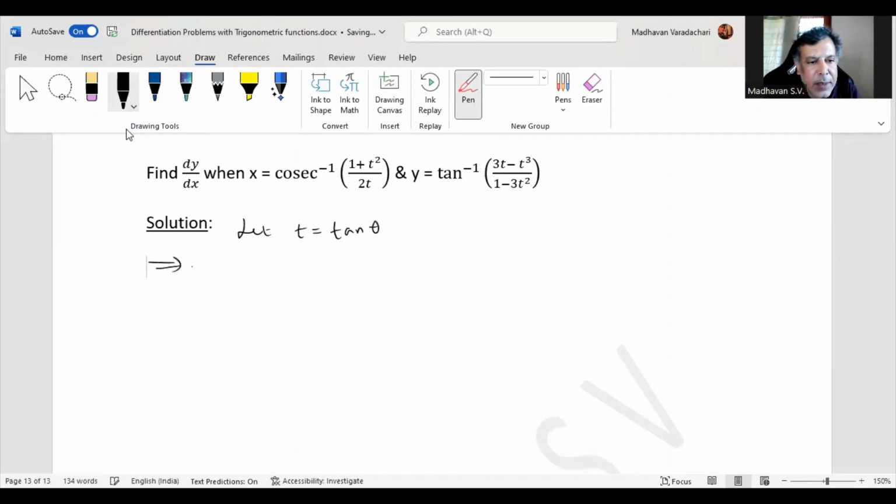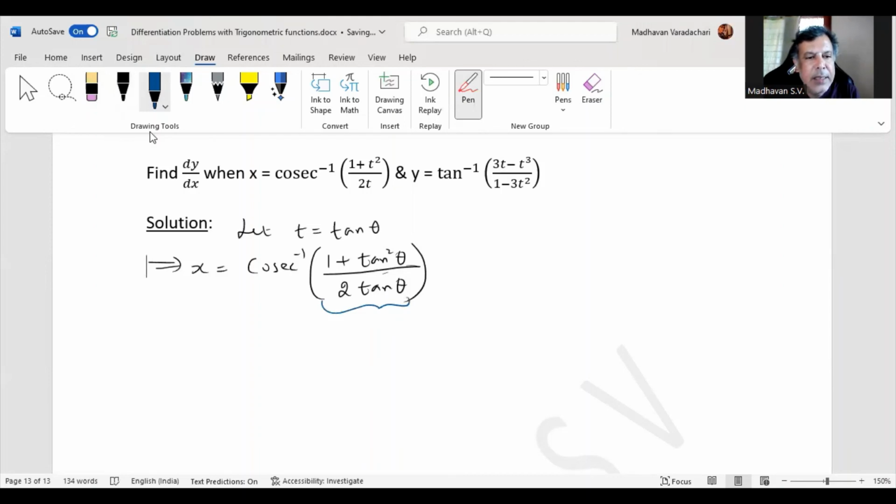That means our x will become now cosecant inverse of 1 plus tan square theta divided by 2 tan theta. And whatever is inside this bracket, that is nothing but cosecant of 2 theta, which means this will be cosecant inverse of cosecant of 2 theta.